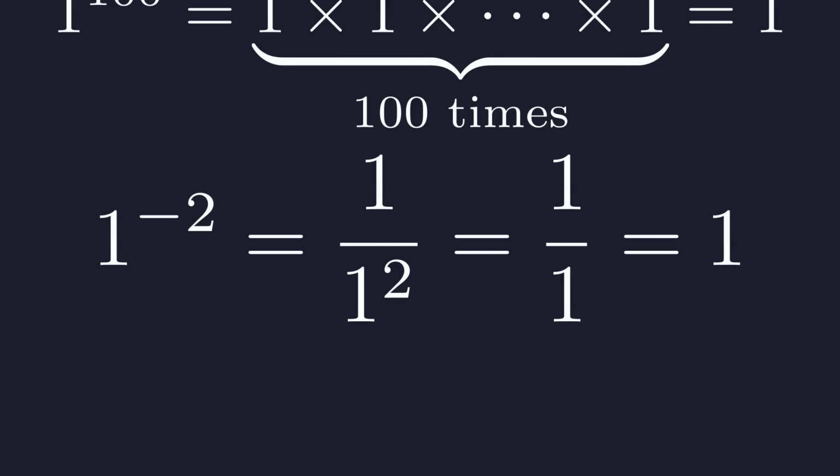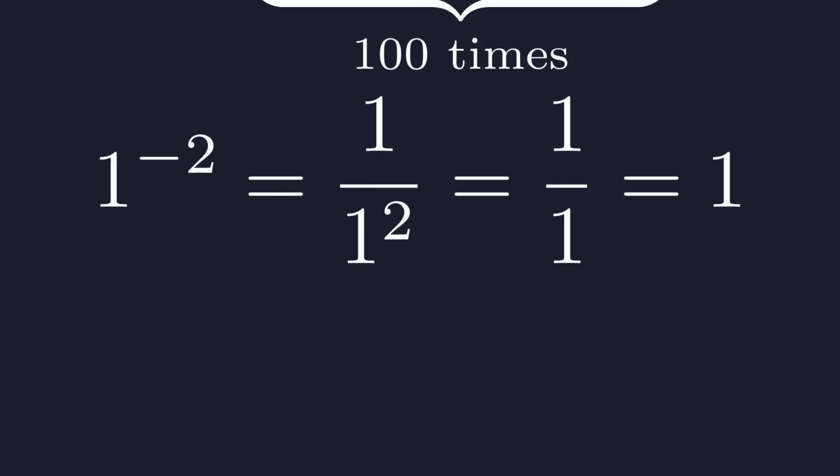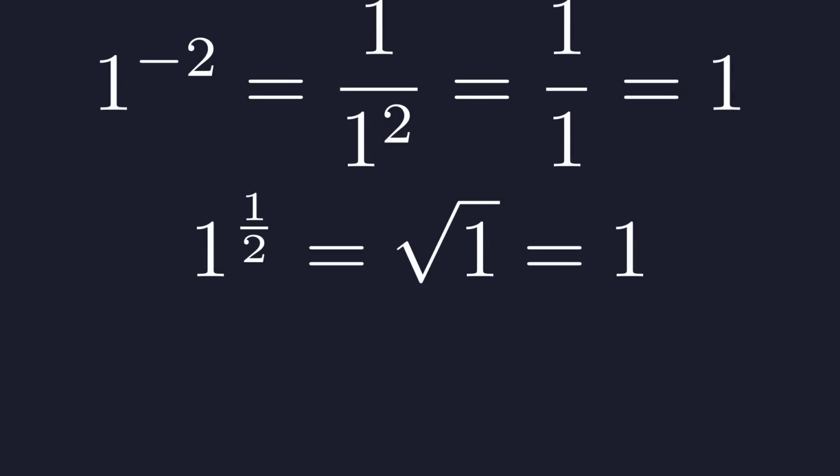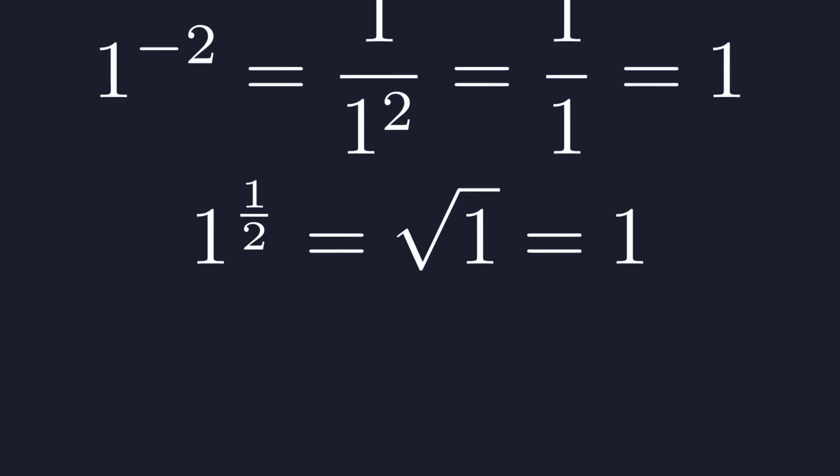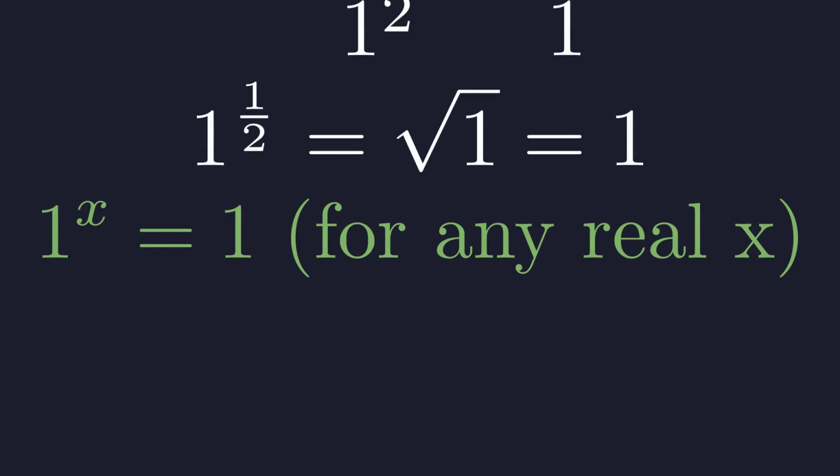Even for negative powers, 1 to the negative second is 1 divided by 1 squared, which is 1 divided by 1, which is still 1. And fractional powers? 1 to the 1/2 is the square root of 1, which is 1. So indeed, in the world of real numbers, 1 raised to any power is always just 1.